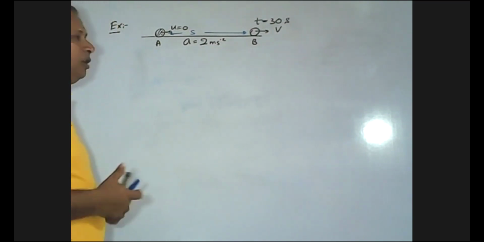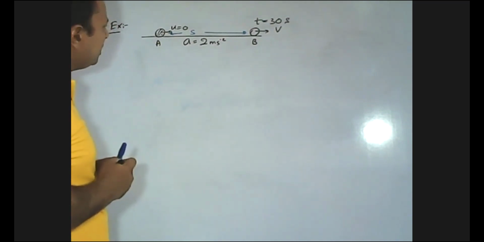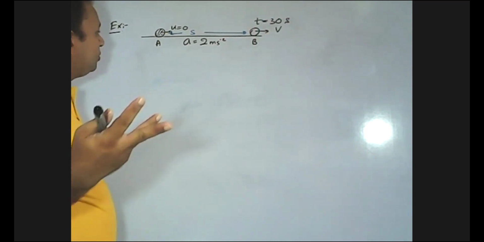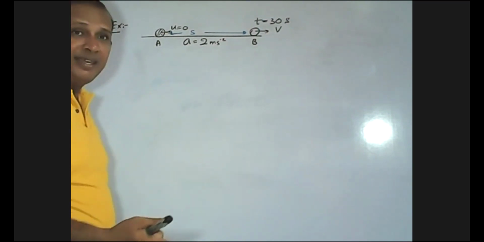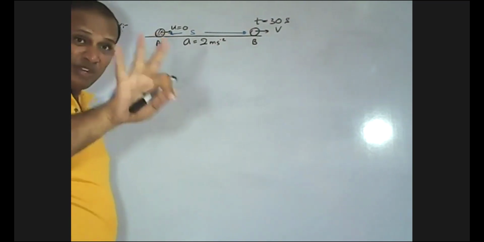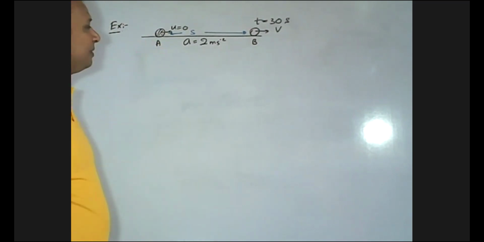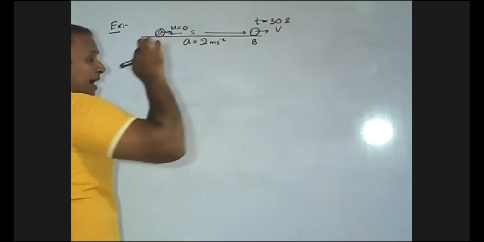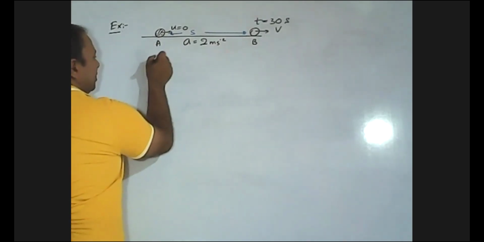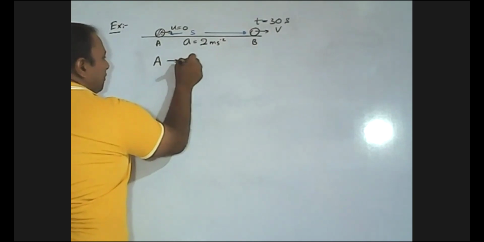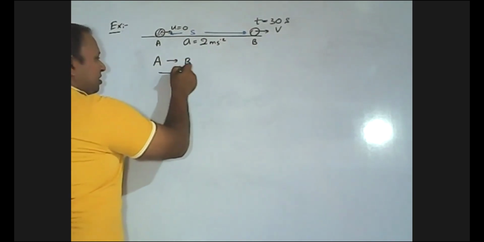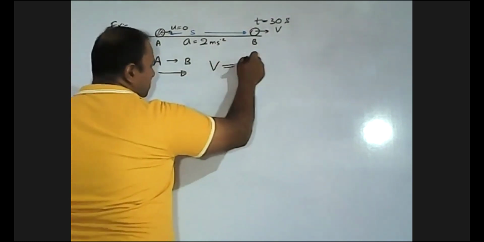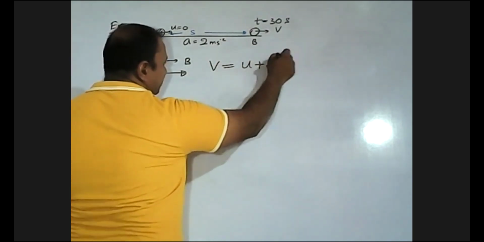V equal U plus AT, because you have to find v, and you know U, A and T. When you are writing this, you have to mention that from A to B, in this direction, you are going to apply V equal U plus AT.